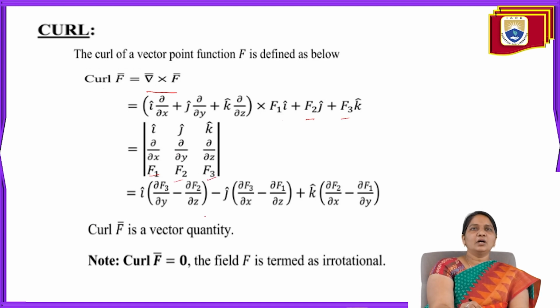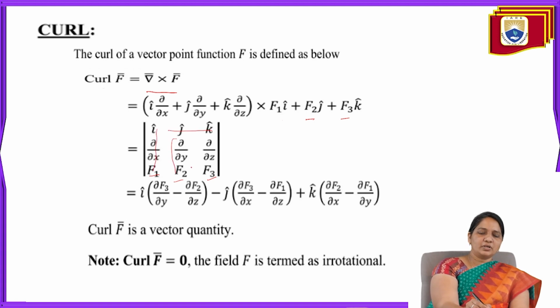Now we are expanding that determinant. When you are considering i here, we take the cross product of the remaining four values, that is dou F3 by dou y minus dou F2 by dou z, minus j.